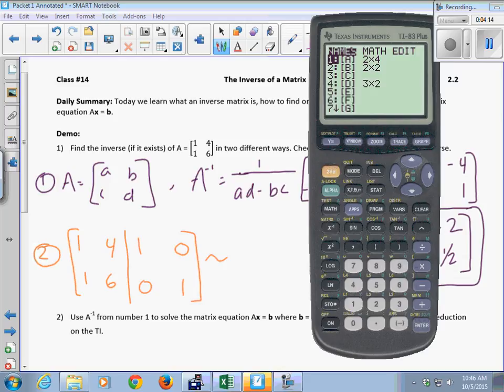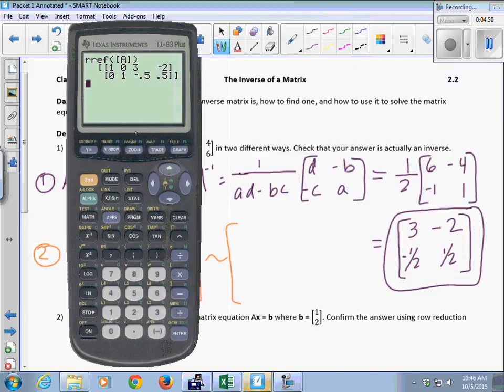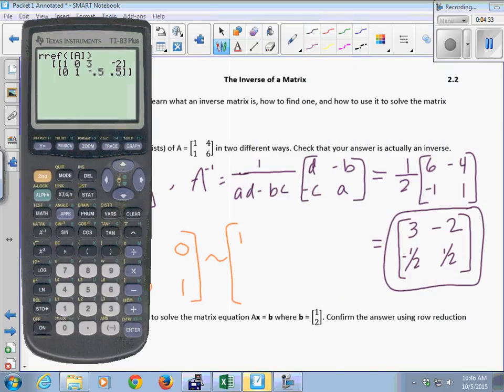Go back into the matrix menu, do math, RREF of matrix A, and we get, it row reduces to the identity showing up on the left. Okay, so my identity matrix is now on the left, 1, 0, 0, 1, augmented with 3, -2, -1/2, 1/2, which is what we got using the formula.